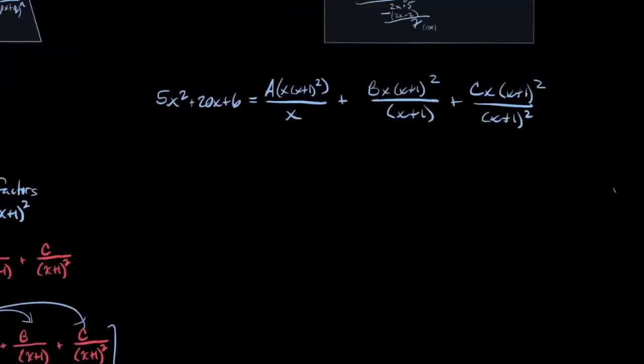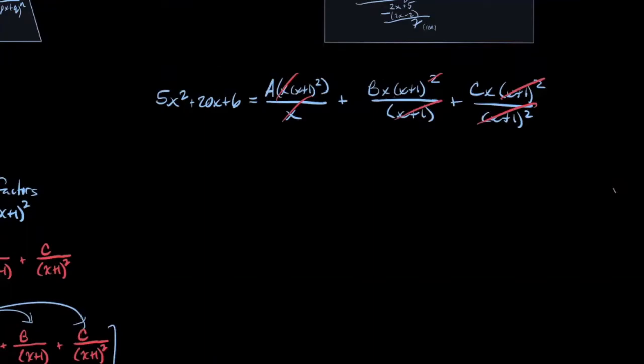All right, so we get a lot of cancellations here. On the left it canceled. Here the x's are going to cancel. On the next one, x plus 1 is going to cancel, but just one of them. And then on the last one, the x plus 1 squared is going to cancel.